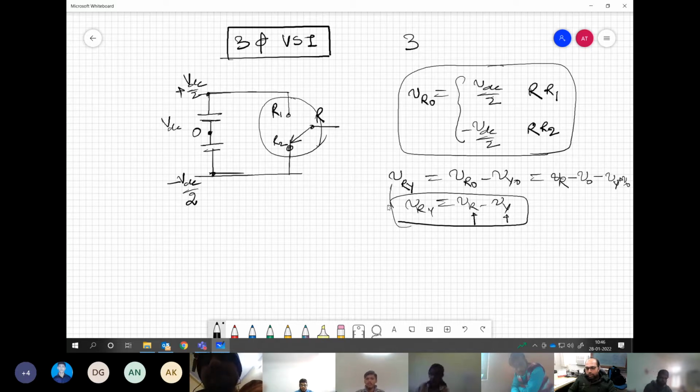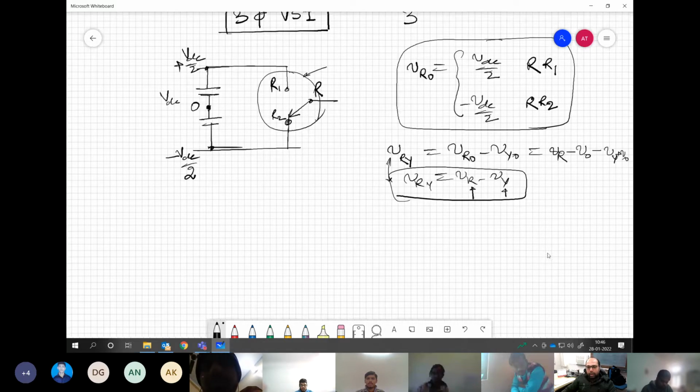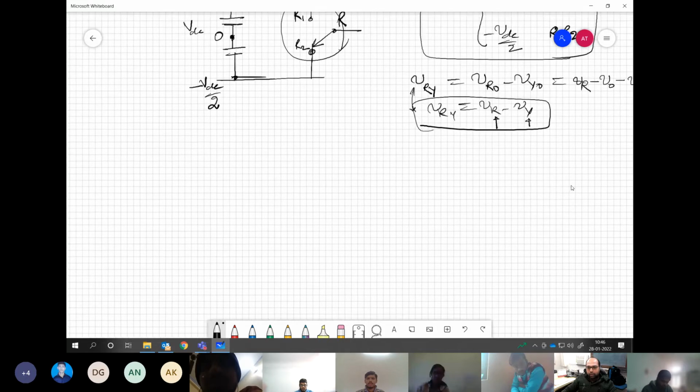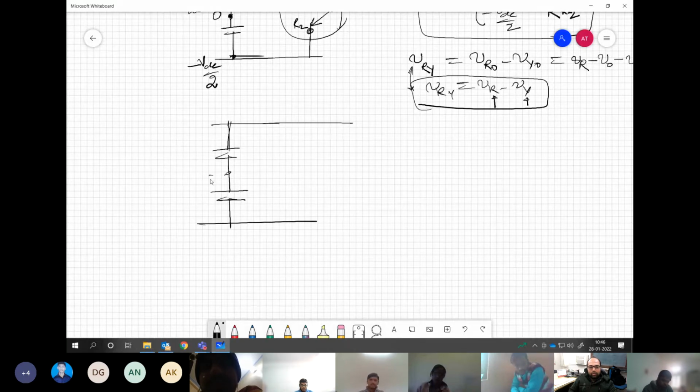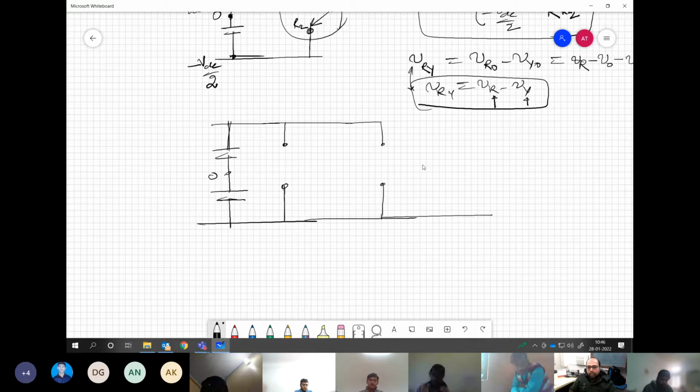So in the line-to-line voltage, whatever fictitious point we are creating is cancelled out. So with 3 SPDT switches, one for each phase, we can have the realization of a 3-phase voltage source inverter. So I will draw the circuit over here. Is this point clear to all of you, or is there some confusion?